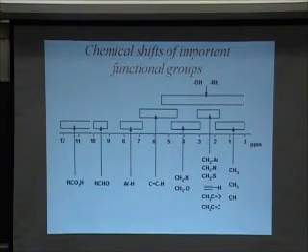If you take the aromatic compounds such as benzene, the proton in the benzene will resonate, will have a Larmor frequency around 7 or 8 ppm. The aldehydic group protons will resonate here. The carboxylic acids will be here, and so on.